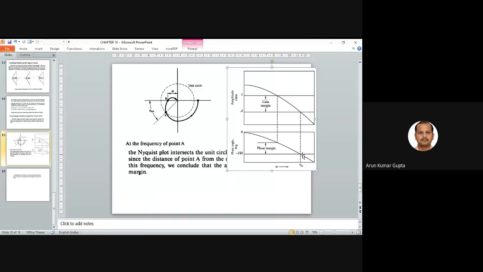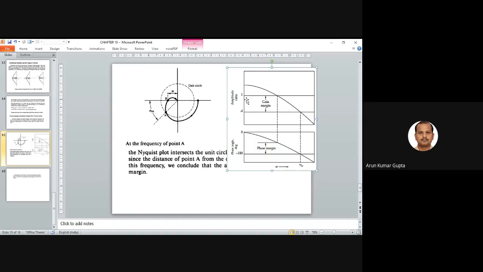Minus 180 means at this point you are getting point B. At the corresponding point B you can get your crossover frequency, and when you count the amplitude ratio at the crossover frequency, the amplitude ratio will be from the origin to point B, right? So the phase margin is basically the difference from 1 to point B. This is the M value, the distance from this to point B. This is the phase margin M.